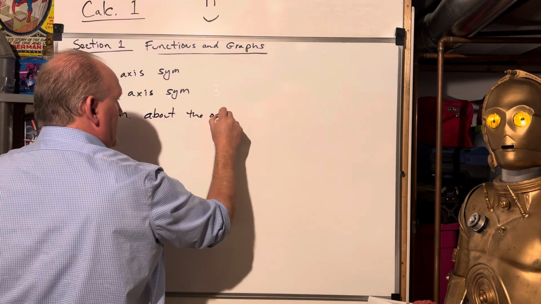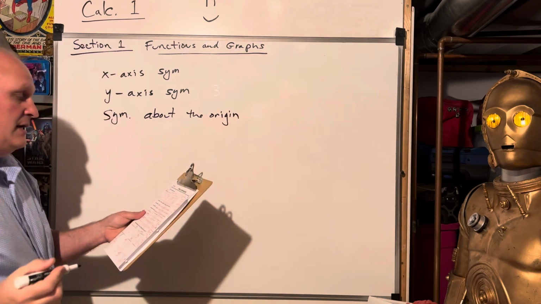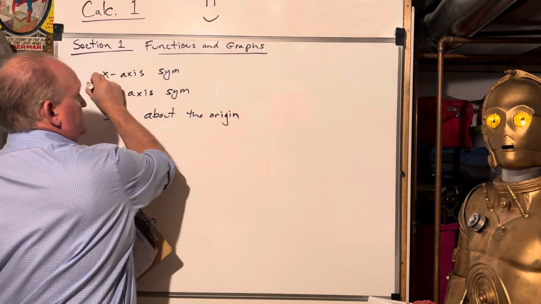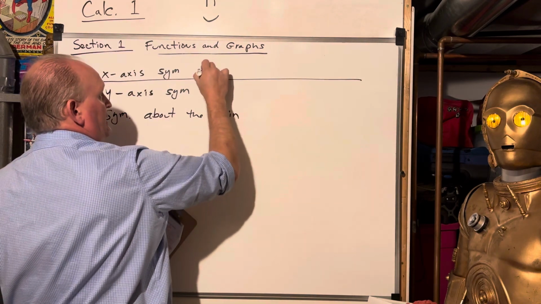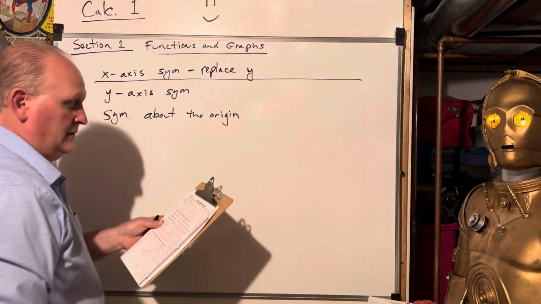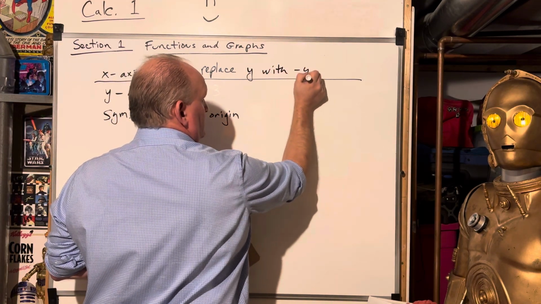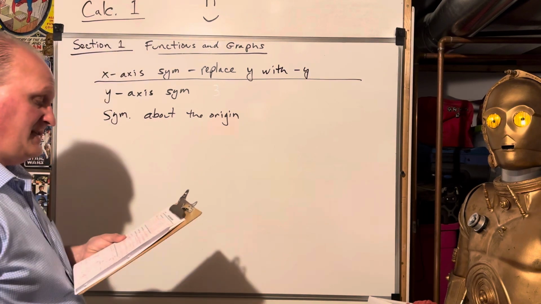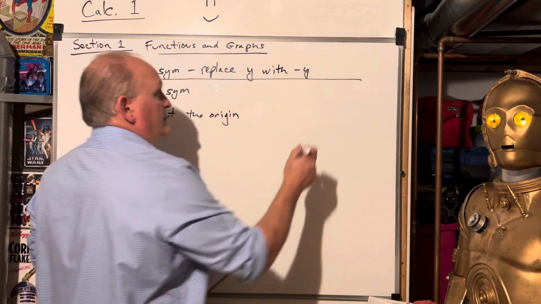The way to check that algebraically is to see if it's symmetric about the x-axis. What you do is you replace y with negative y. And then if you end up with the same equation, then it's symmetric.